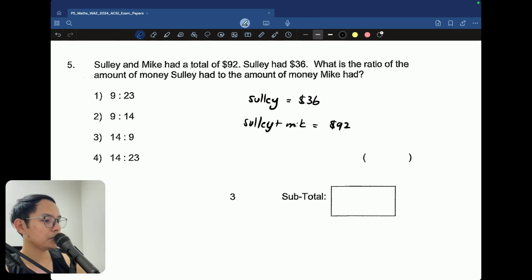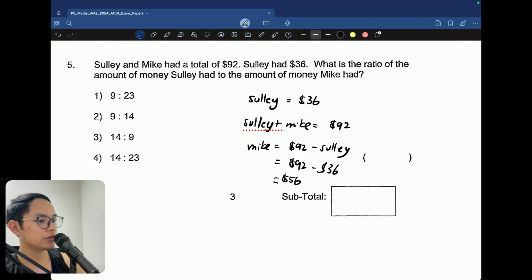So then how do you know Mike's? Which is basically we minus off Sully. So Mike is equal to $92 minus $36, right? So if you do your workings, this should give you $56. So now we know Mike's is $56.